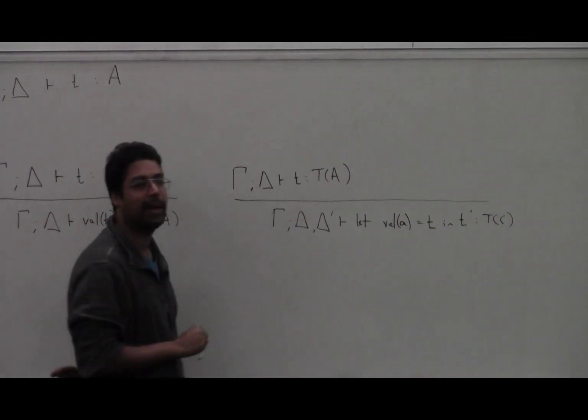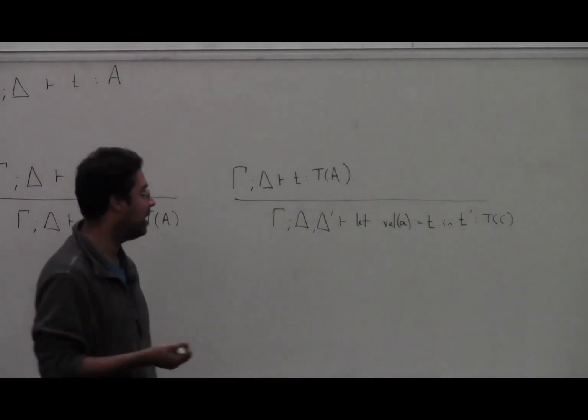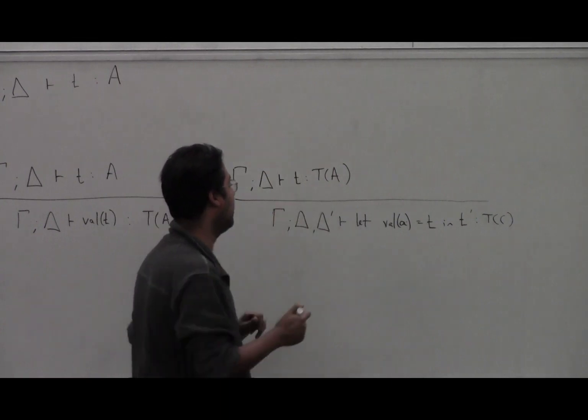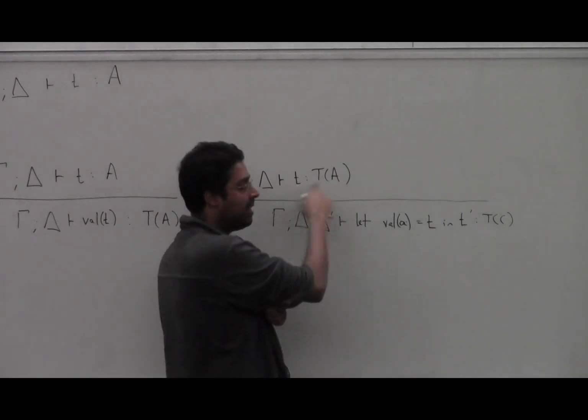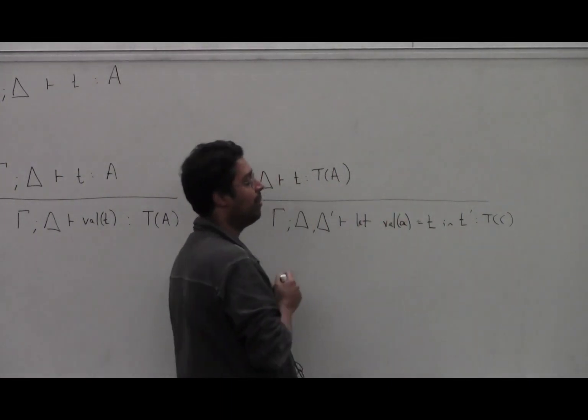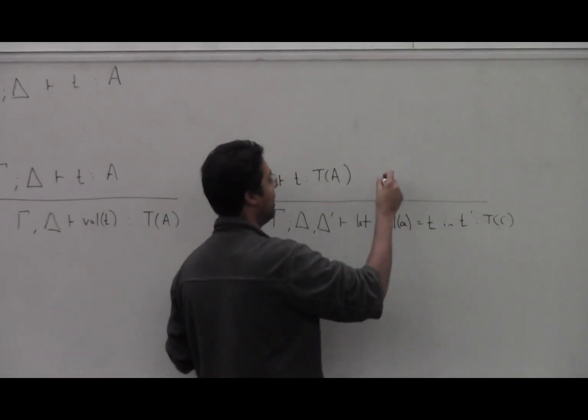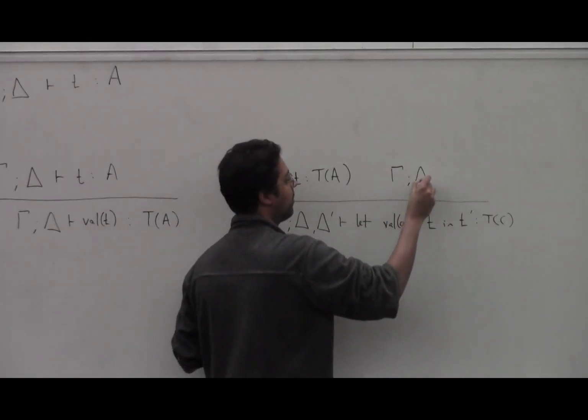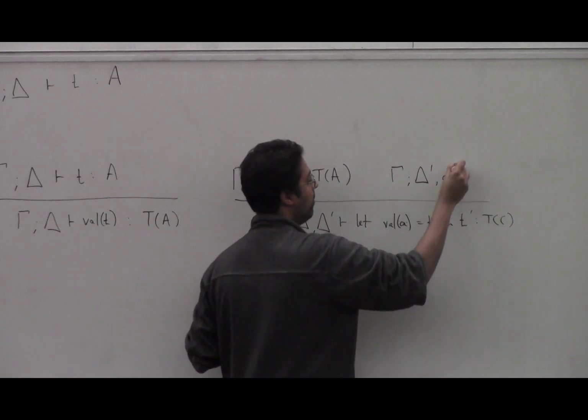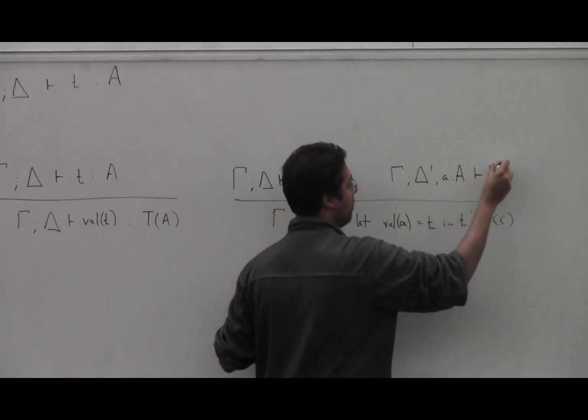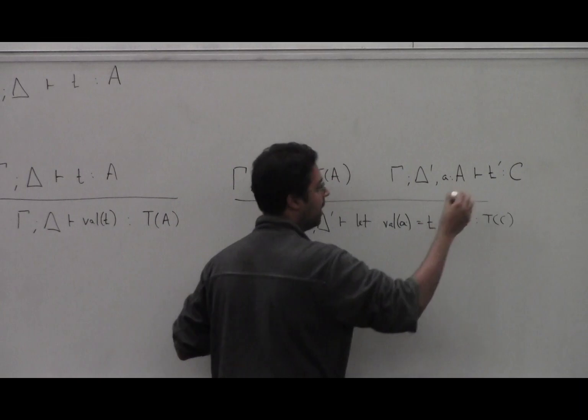So if we have a monadic computation of type T of C, and we have a computation T of A, we can evaluate this T to get the A, and then continue on with the T prime computation. No, sorry, T of C.